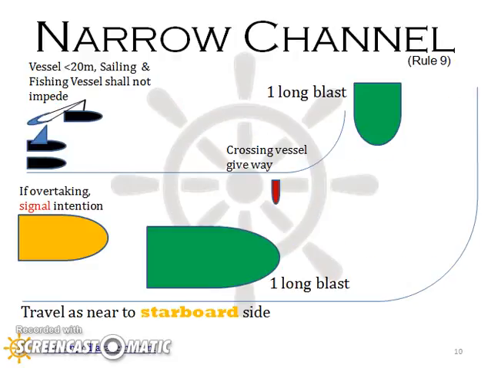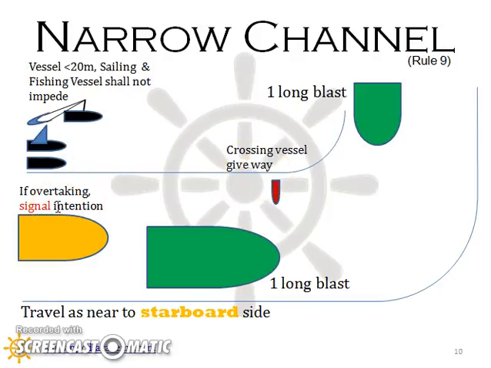Narrow channel. There are a few situations over here. In general, the first thing is that you have to travel as near to the starboard side of the channel. In all situations also, any vessel which is trying to cross the channel must give way. You are the last, so you always give way to the other vessels.